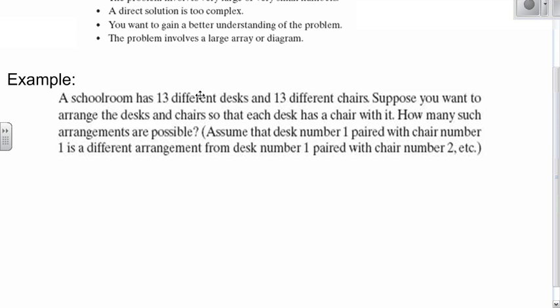So if there's 13 desks and 13 chairs, we could try setting it up, but that is going to be rather complicated. So let's take a smaller number. What if there's 3 of each? 3 desks and 3 chairs.